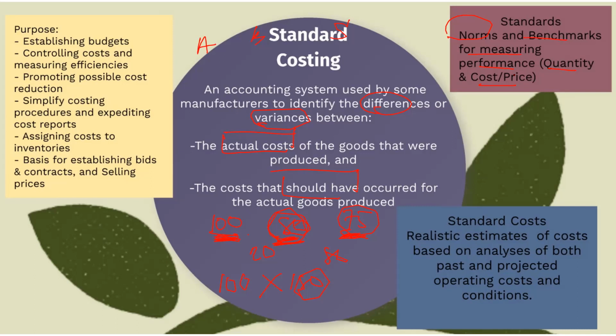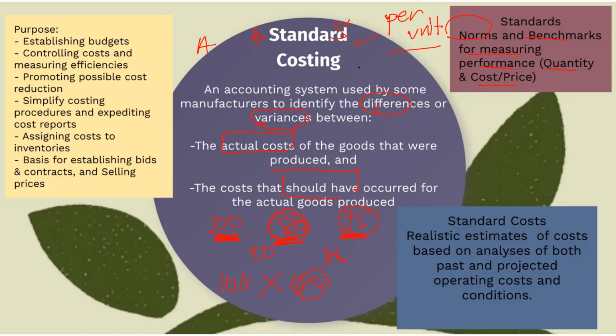It is as if you are relating this with flexible budgeting already, because you are trying to adjust according to the actual performance, using your standard costs and standard price. When you say standard, this is usually expressed per unit.